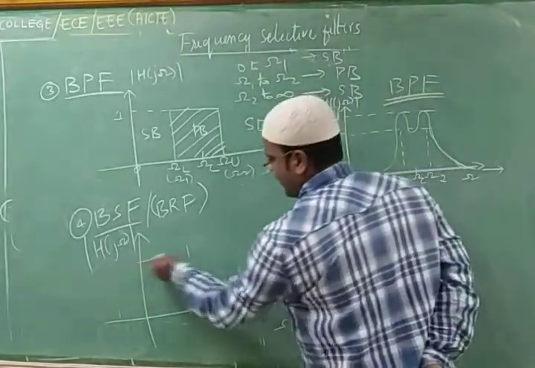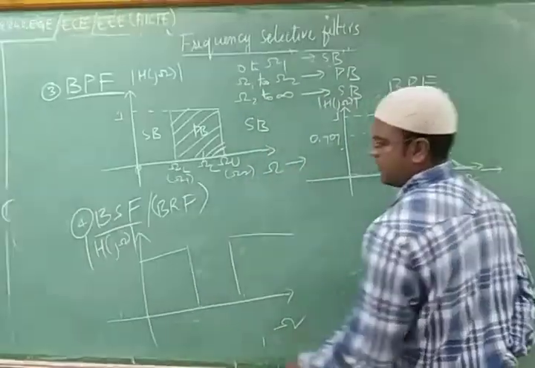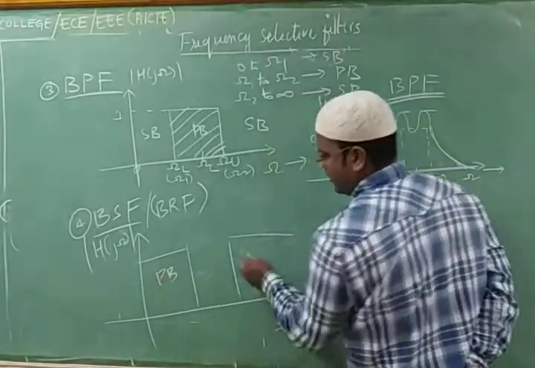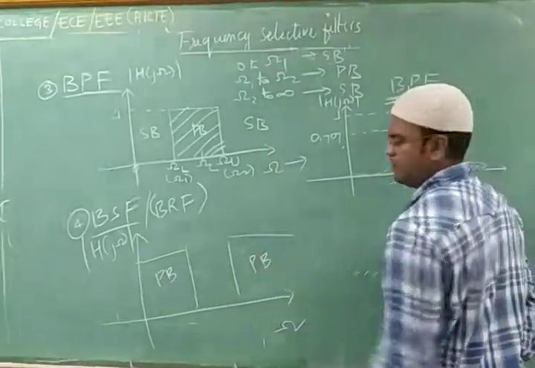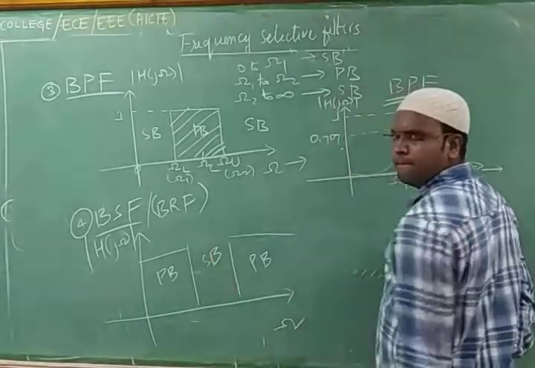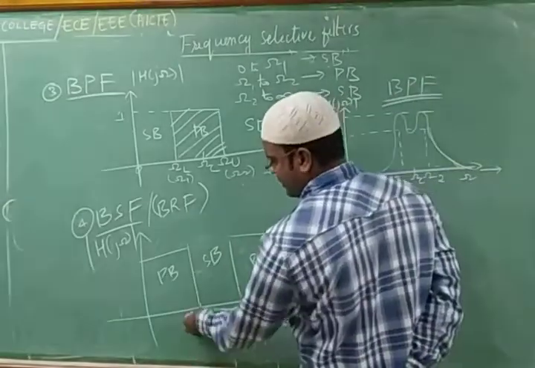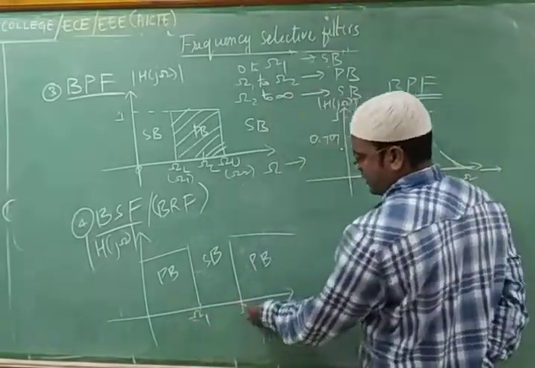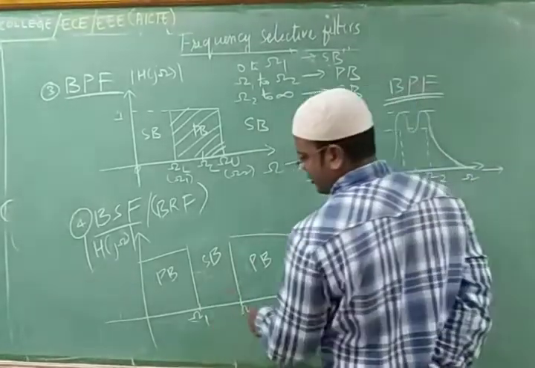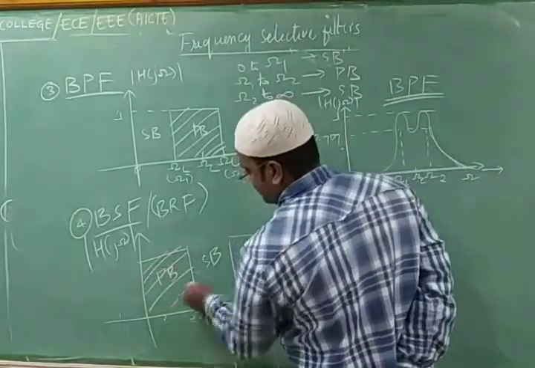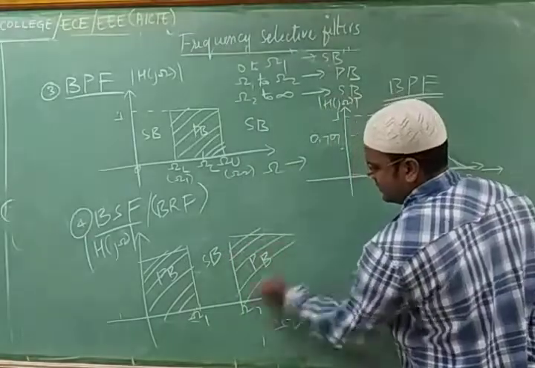Here we'll mention this band and another band. It is allowing, that means pass band here and pass band here. In between there should be the stop band, with omega 1 and omega 2.